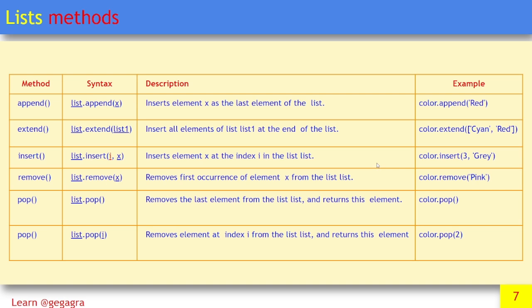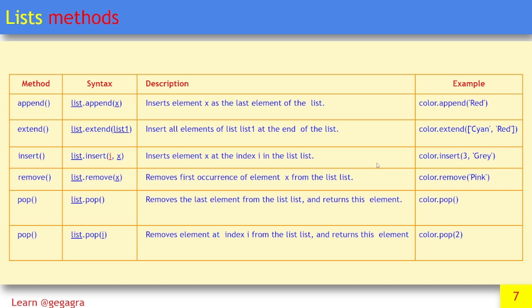Then list.pop(i) removes the element at index i from the list and returns this element. Suppose I say color.pop(2), then the element at index number 2 will be deleted from the list and returned as the output.